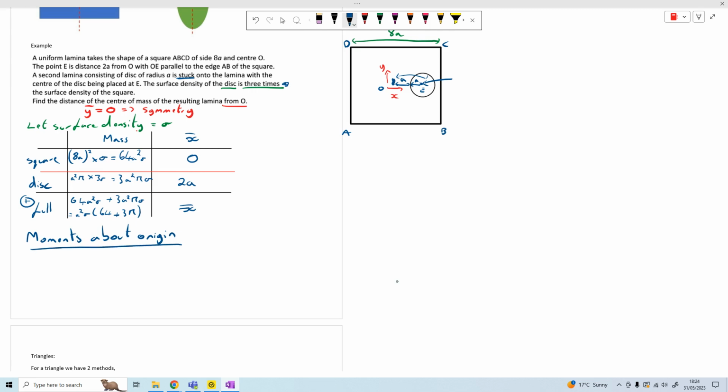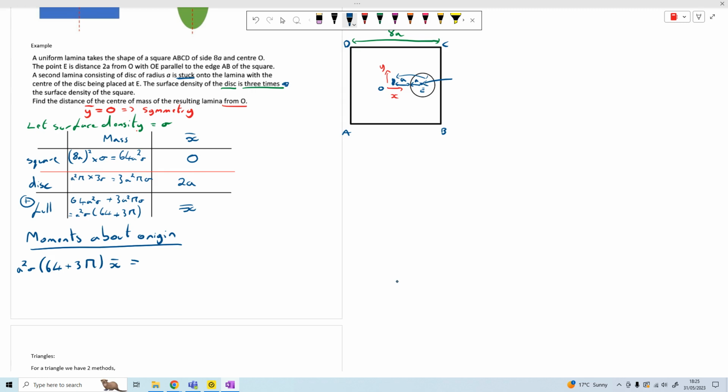The moments for this full shape should equal the total moments from the other ones, if I'm adding and subtracting, depending on what we're doing. So my moments for this first one is simply its mass times its displacement. So I've got a squared sigma, then 64 plus 3 pi, and then times x bar.